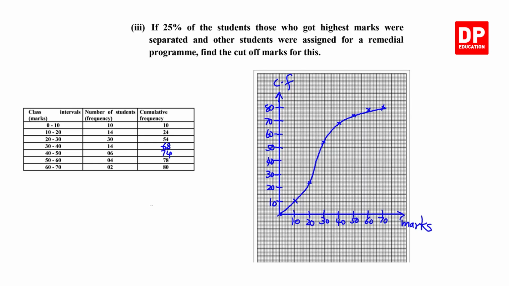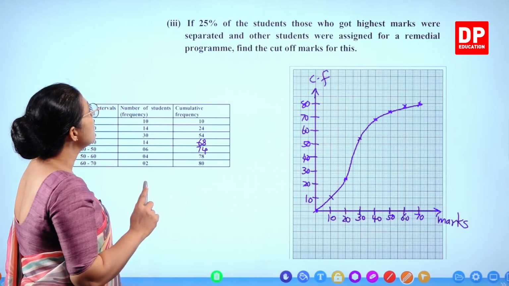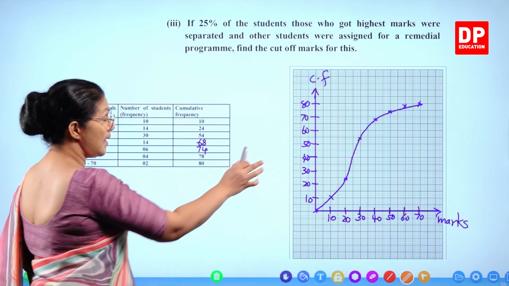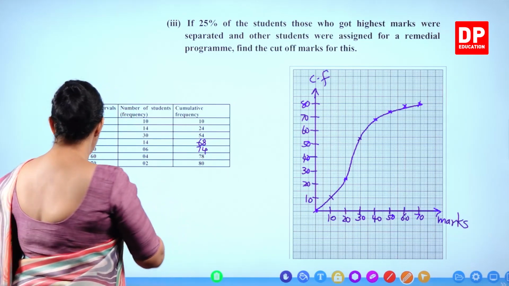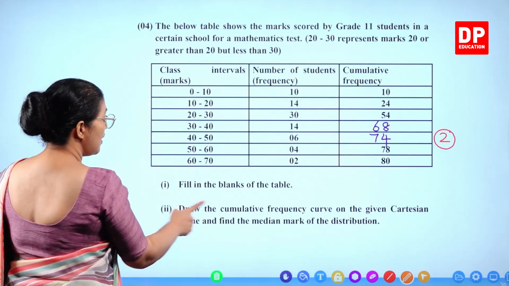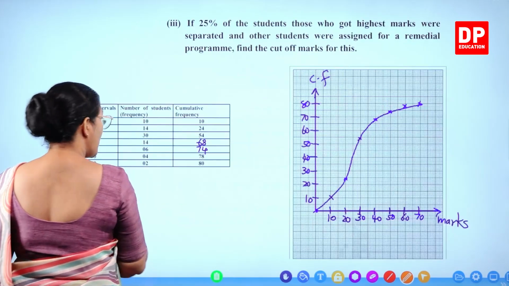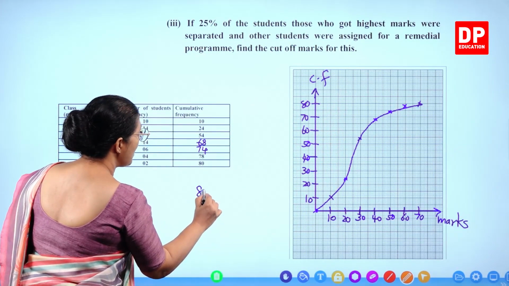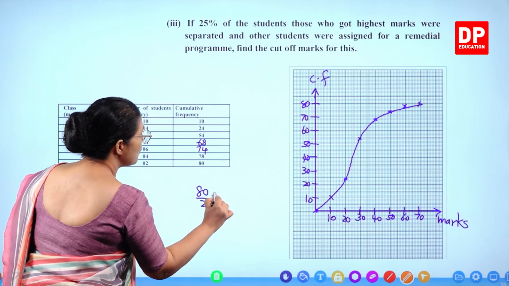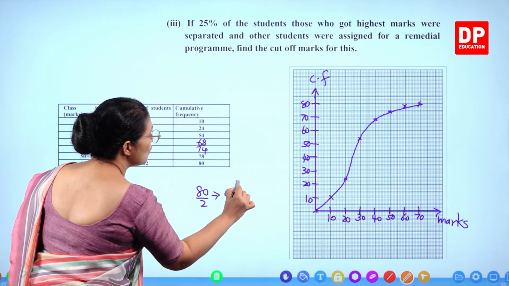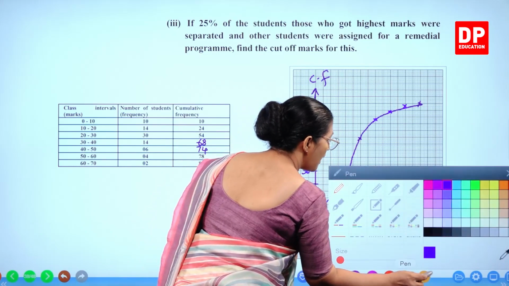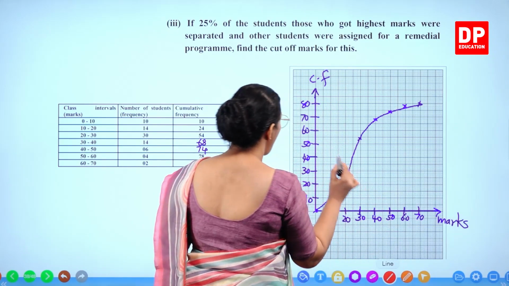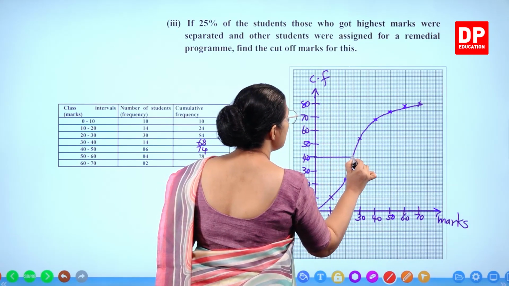And the next part, we have to find the median mark. How do you find the median mark? Total is 80. So 80 divided by 2, you have to refer to the 40th one. So you can draw a line along the 40th one and see the median mark.